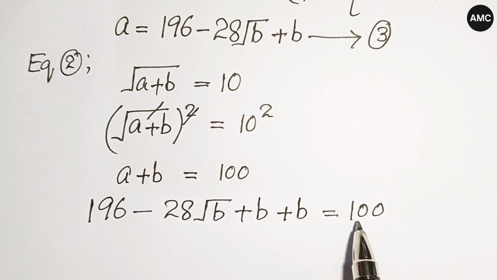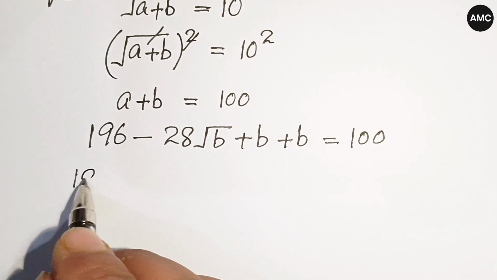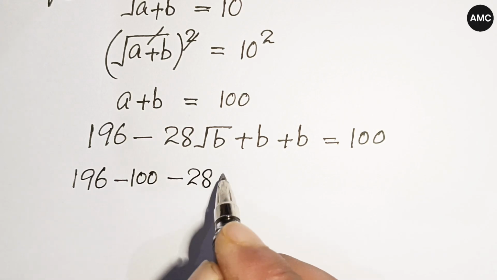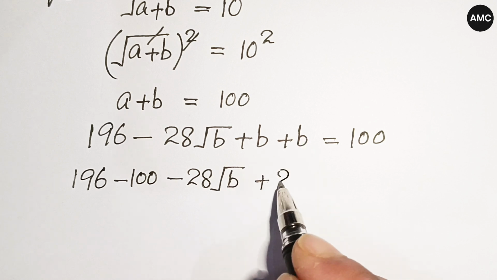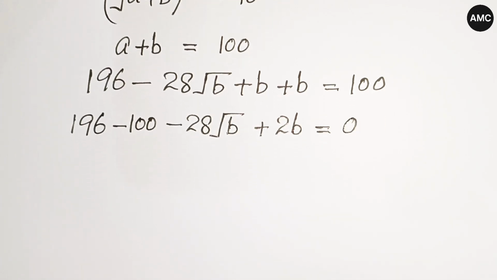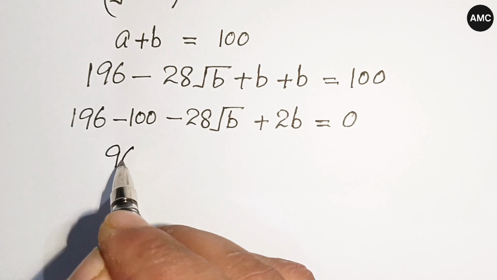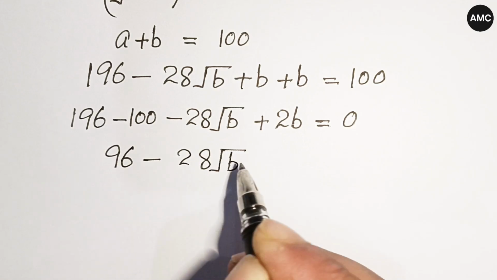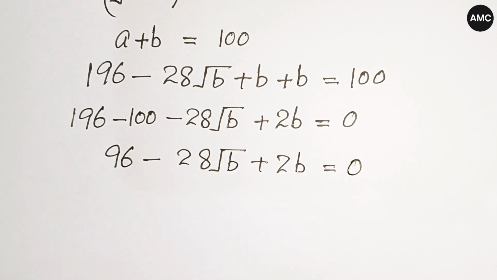Now if we shift this 100 to our left hand side, we get 196 minus 100 minus 28 times square root of b, and here we have plus b and it is also plus b, so we get plus 2b, that is equal to 0. Now 196 minus 100 is 96, so 96 minus 28 times square root of b plus 2b is equal to 0.